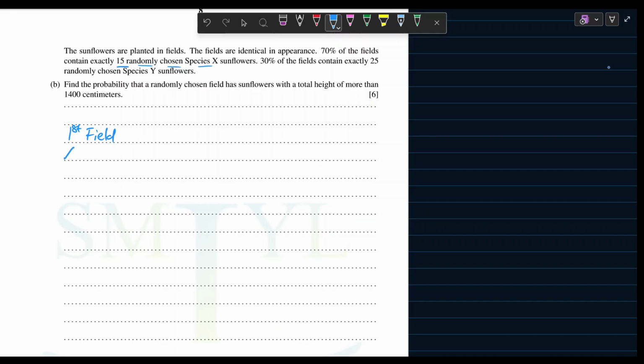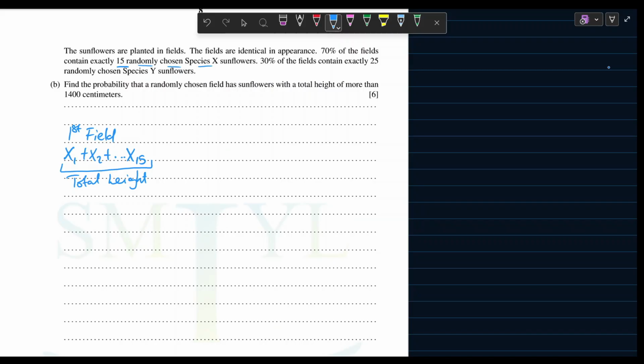So what we're looking at is x1 plus x2 all the way up until x15. And so this here would give us the total height of the first type of field, in which we only have 15 of species X sunflowers.